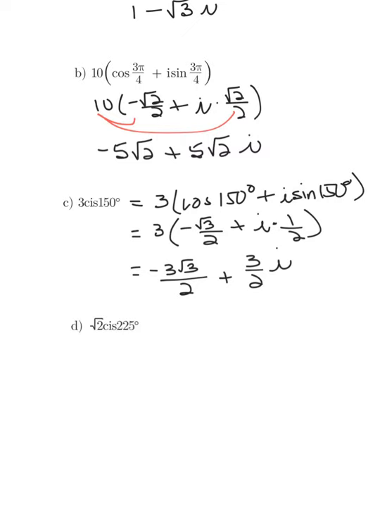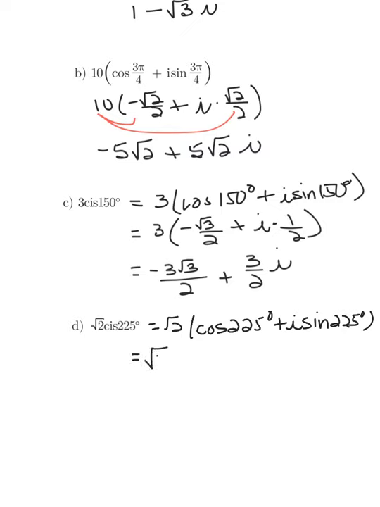For D, we are doing the square root of 2 cis 225. So remember that this is now the square root of 2 times the cosine of 225 plus I times the sine of 225.